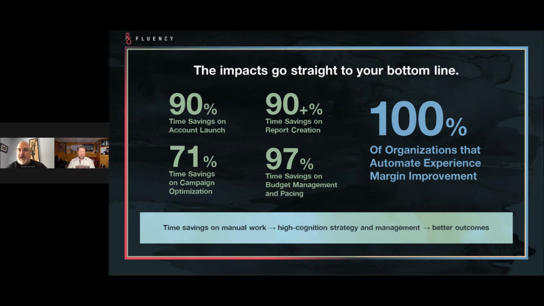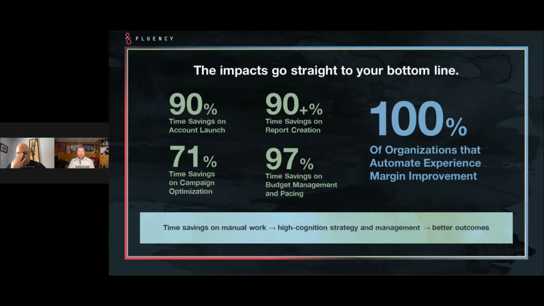And that is coming up with higher cognition strategies and better management techniques that can lead to better outcomes. And of course, if you're an agency running a business, the ability to retain margin inside of your operations is massively important.